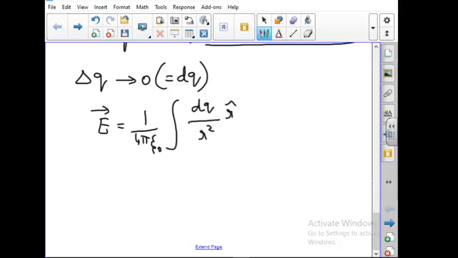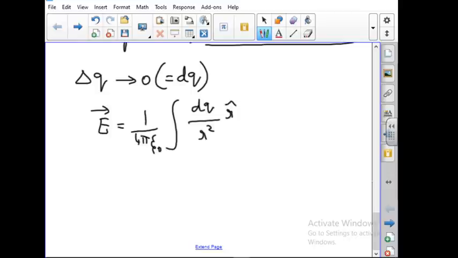Here r represents the distance of the point P from the very small charge dq, and r cap is a unit vector from dq to the point P. So this is for the continuous charge distribution for an irregularly shaped charged object.